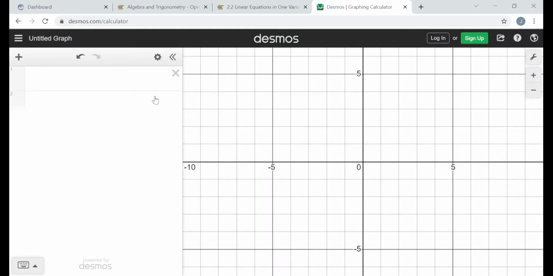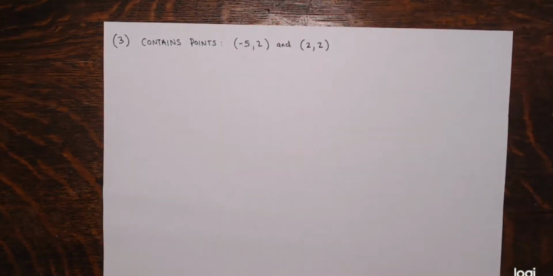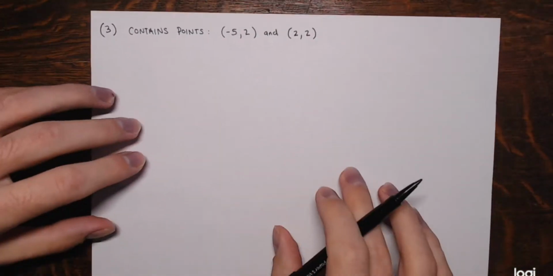All right, so now we're going to move on to a new kind of line. We've seen a line with a positive slope. We've seen a line with a negative slope. Now look at this point here, example 3.